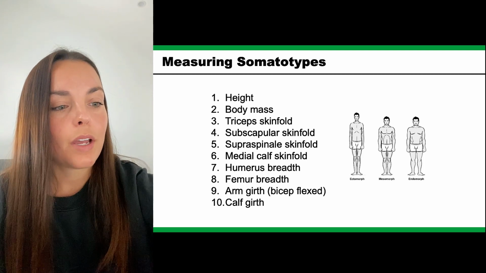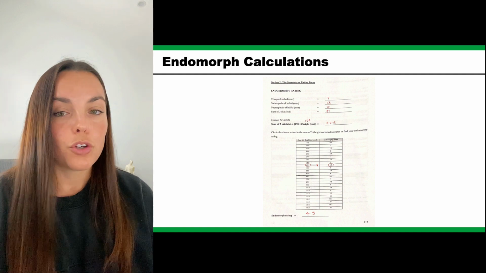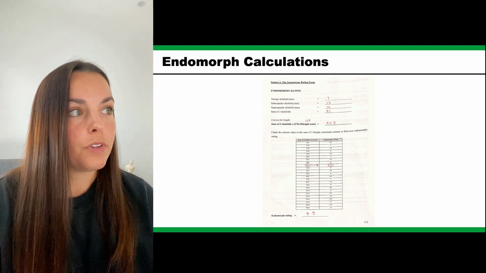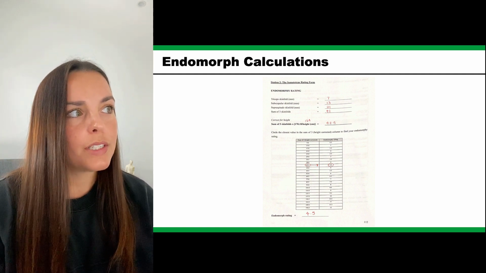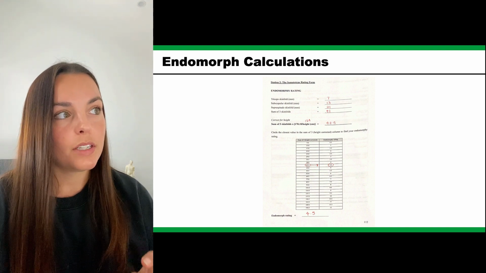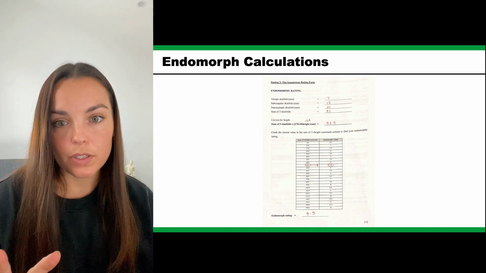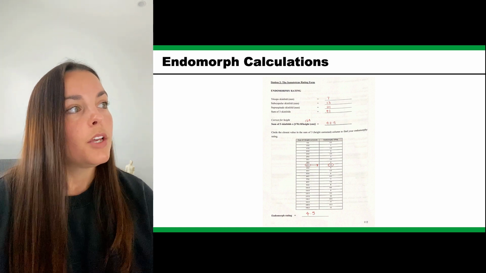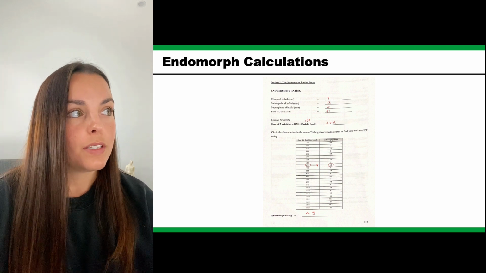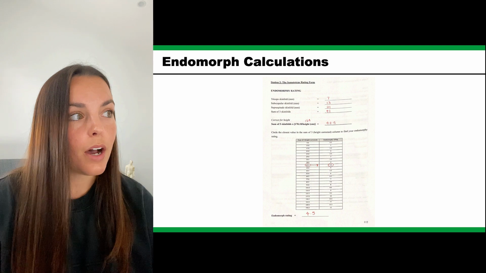So let's look at measuring the endomorph rating. To get our endomorph number, we need to add up the sum of 3 skin folds: the tricep, the subscapular, and the supraspinale. The calf skin fold is actually not in this one at all. So once we add up those 3 skin fold results, we then do a little correction for height.